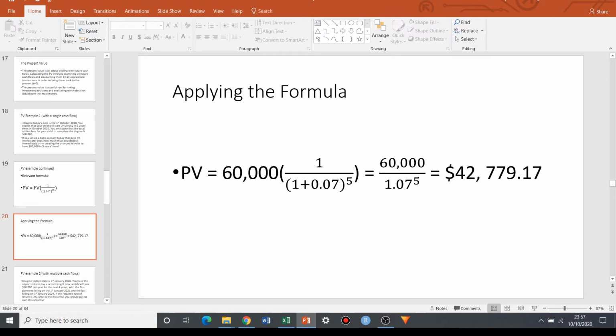If we apply the facts of the particular question to this formula, we're dividing 60,000 by 1.07 to the power of 5, and so as a result, the amount of money that we need to deposit today is $42,779.17.